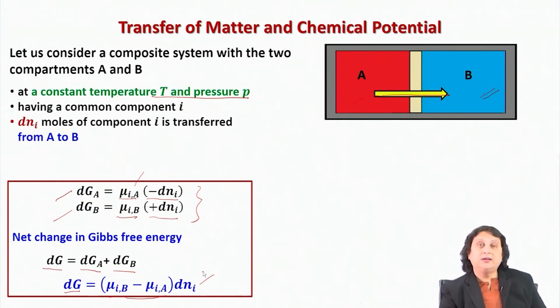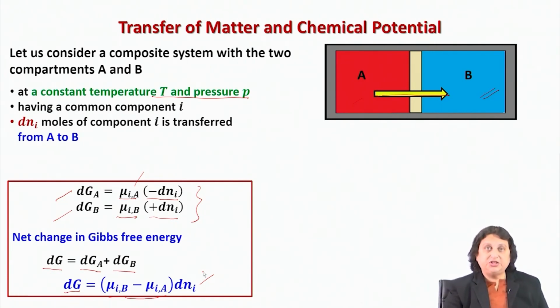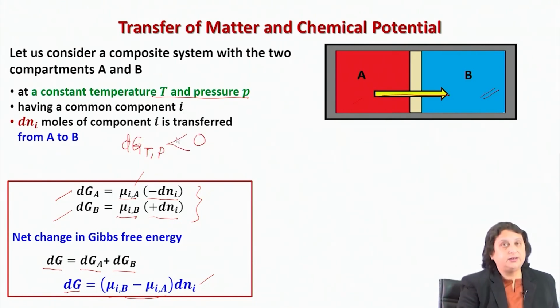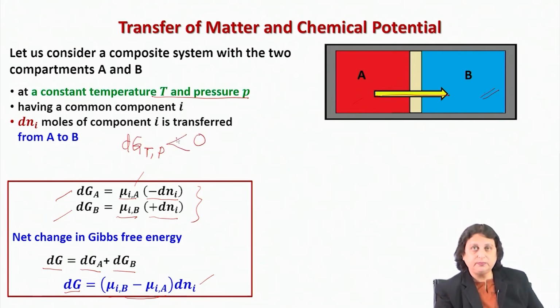Now, what is the condition for a spontaneous transfer of matter in a situation like this? If I have to have a spontaneous transfer of matter, the net change in Gibbs free energy dG at constant T and P must be less than 0 in the direction of transfer.